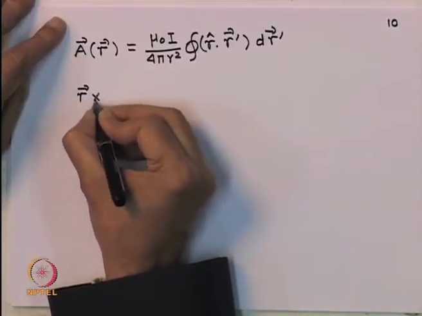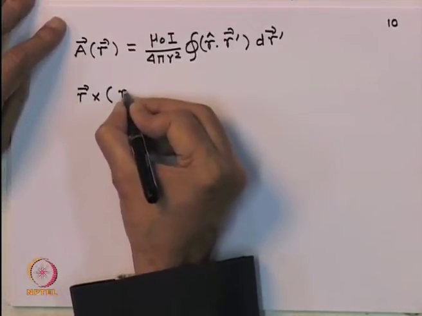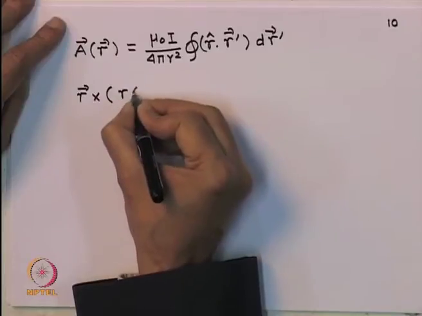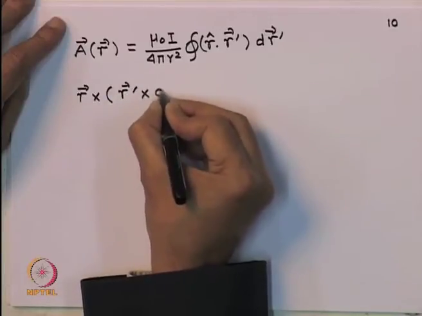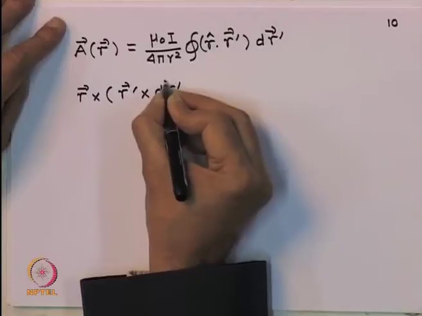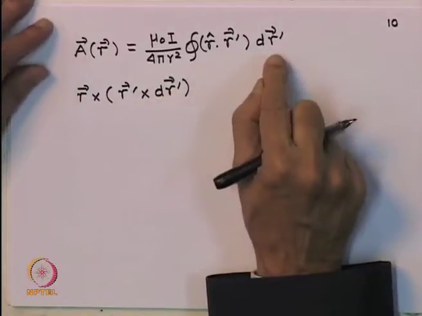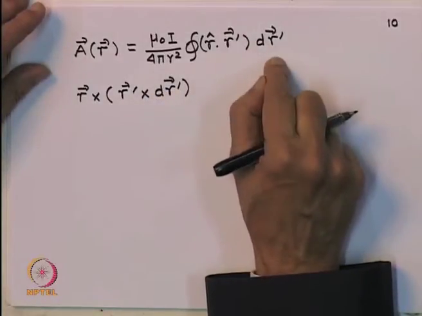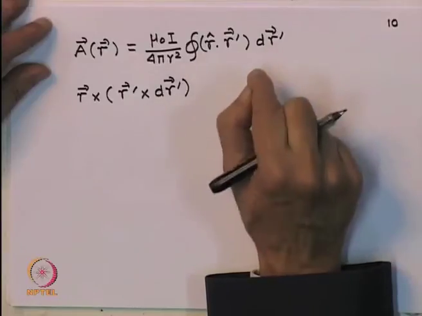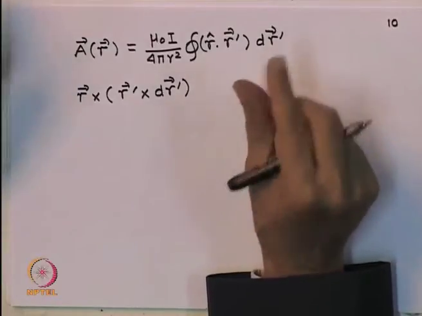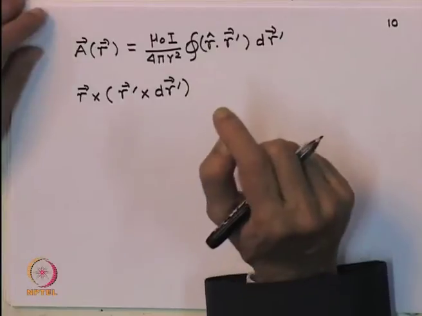So, to do that, I notice this. If I look at r cross r prime cross dr prime, I will alert you to one thing here: this is a dr prime vector. In other words, this is a change in r prime, that is a small change in the vector r prime.